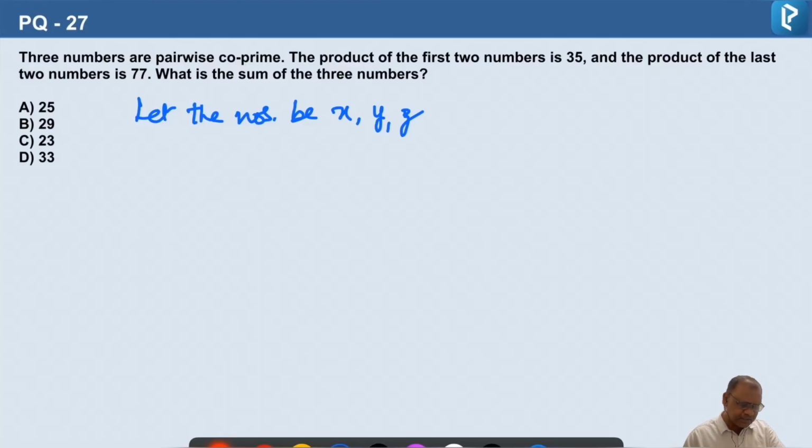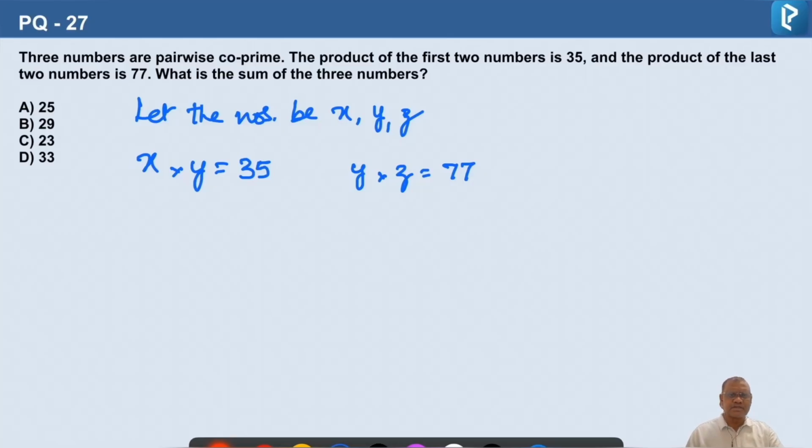The product of the first 2, x and y, is 35, and the product of the last 2, y into z, is 77.